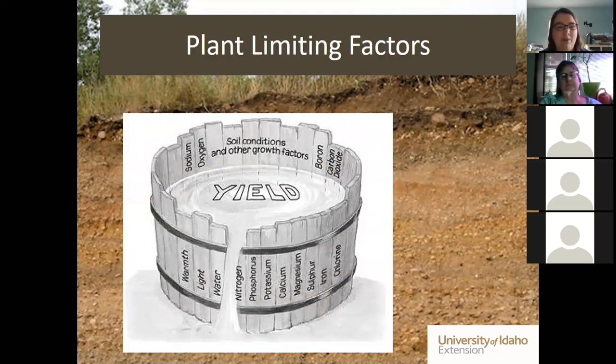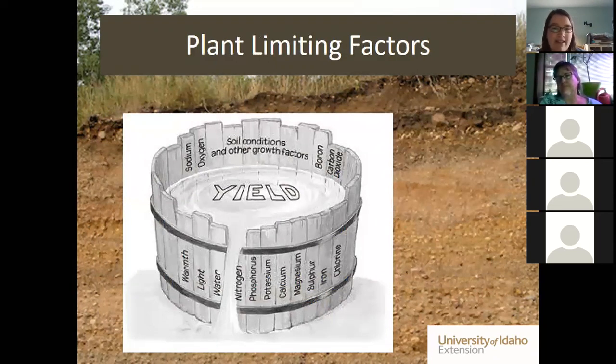It could have plenty of water and plenty of light and warmth, and it's got oxygen and everything else it needs, but it needs just a little bit more nitrogen to bump up that yield. And we see this a lot. We tend to have low organic matter soils. We tend to be short on nitrogen, and that's a main plant nutrient. So usually most of our plants will respond really well to nitrogen.